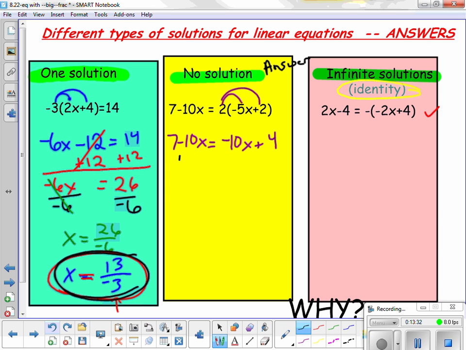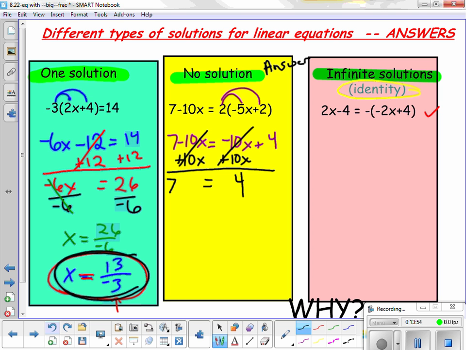To move the negative 10x, I add it to both sides of the equation to its like term. So I bring down 7. The negative 10x and the positive 10x cancel. Bring down the equals. On the right-hand side, the negative 10x and the positive 10x cancel, and I bring down the 4.